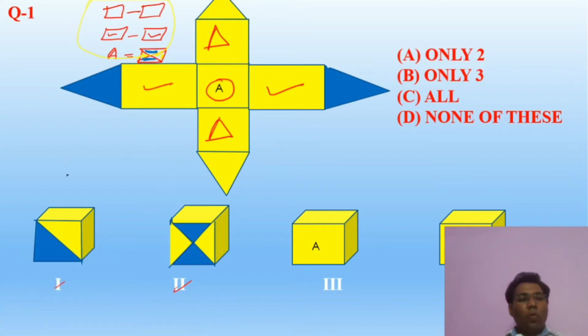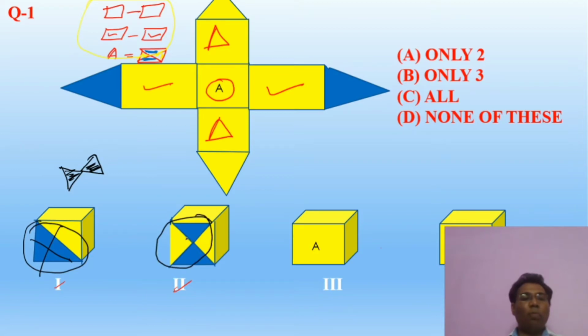Now we have to apply the elimination method. For the first figure, this figure is not possible in any way, because the figure we get is of this type. Here either blue on both sides or yellow. Okay, so this is wrong. This figure, there is a possibility, because this shape is forming here.